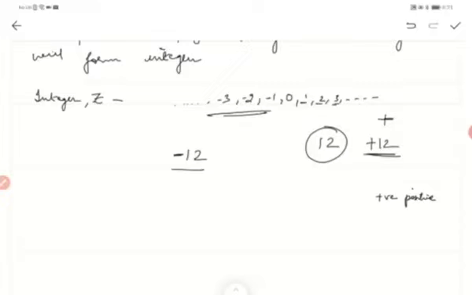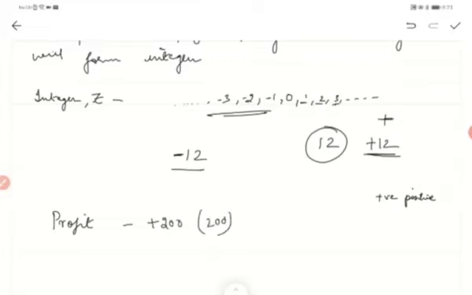All right, let's see one example again. Suppose you have a profit of rupees 200. How do you represent it? Yes, profit you will represent as plus 200, or if you just write 200, that means it is plus 200.